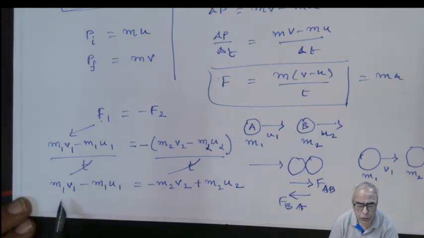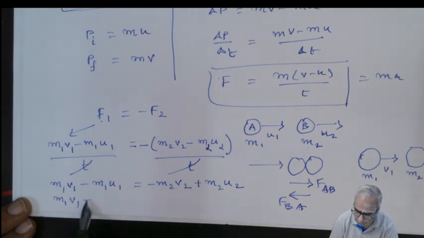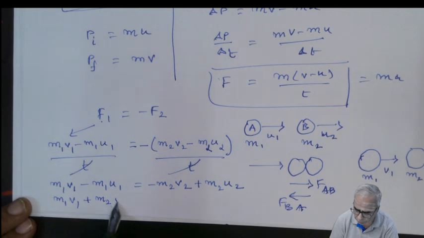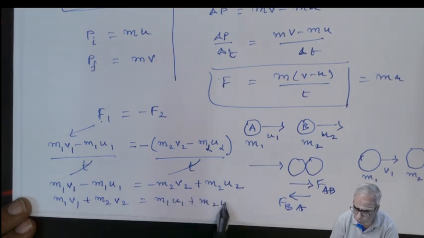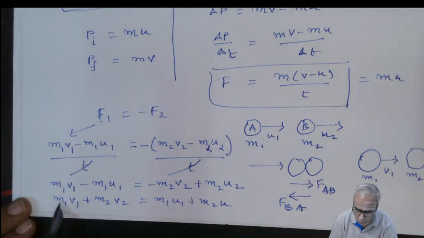So we have m1v1 minus becomes plus m2v2. What about this? Minus m1u1 becomes plus, so m1u1 plus m2u2. And what about this? m1v1 plus m2v2 means the total momentum after collision, because that is the final one. What about this? Both of them are u, meaning initial. So the total initial momentum.